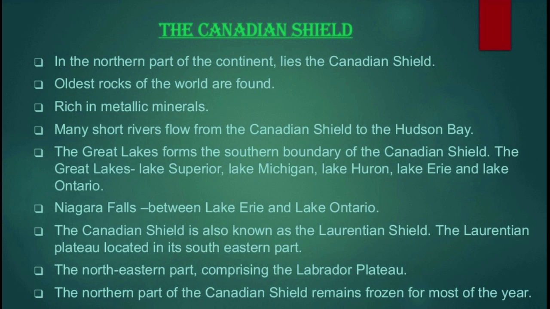Here you can see that the Great Lakes form the southern boundary of the Canadian Shield. You have already studied the names of the Great Lakes. A chain of 5 lakes together is called the Great Lakes, and it forms the southern boundary of the Canadian Shield. The lakes are Lake Superior, Lake Michigan, Lake Huron, Lake Erie, and Lake Ontario.